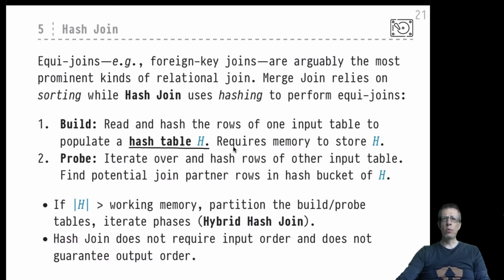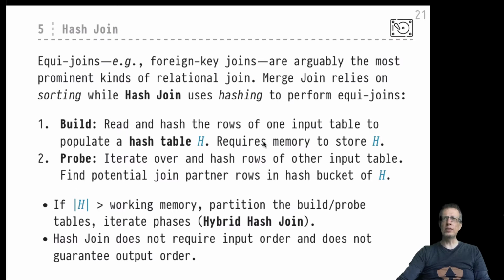If the working memory is tight, then hash join might still apply, but as we will come back to, I think in the next video, this will force hash join to iterate these two phases, and the communication between the iterations involves some additional I/O and additional work, which will slow down the overall endeavor.